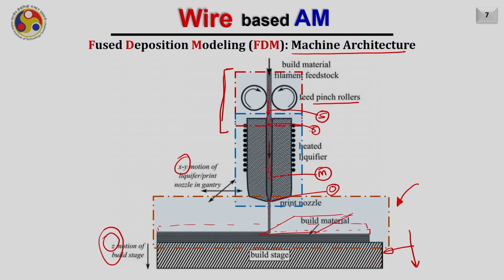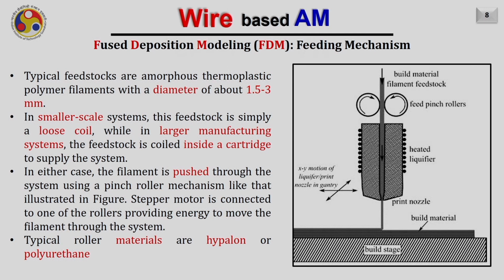Now let us try to understand how this pinch roller mechanism and this liquefier work efficiently to extrude the polymer material through a tiny orifice. So typical feedstock, as already mentioned, are amorphous thermoplastic polymer filaments with a diameter of around 1.5 to 3 millimeter in the case of FDM.